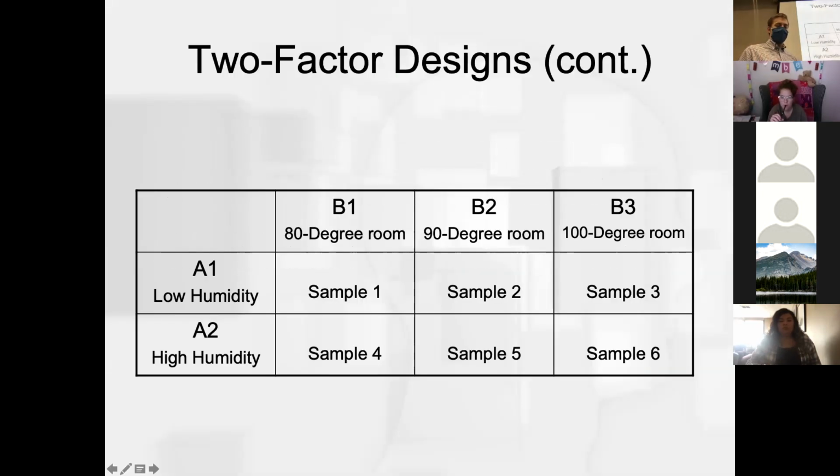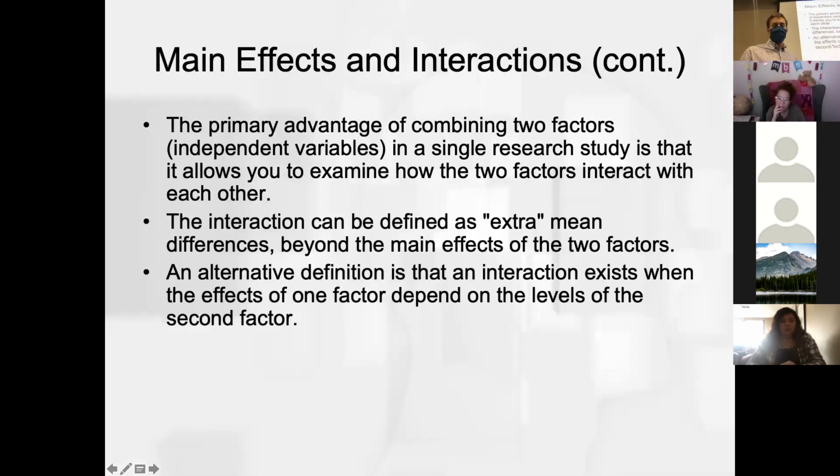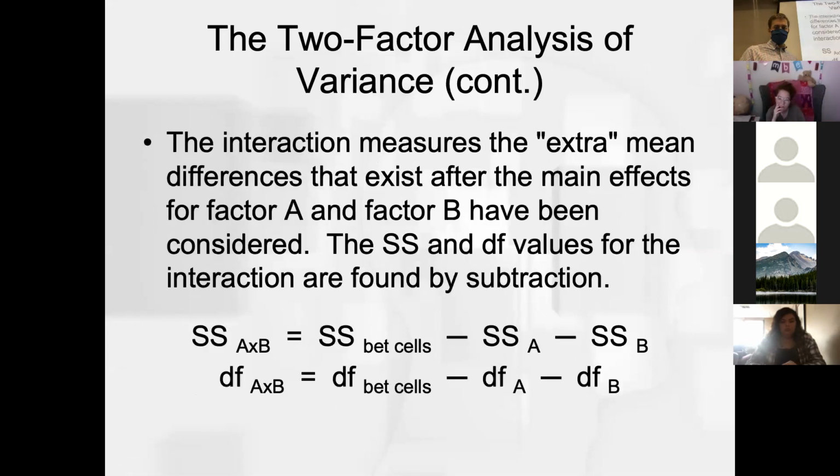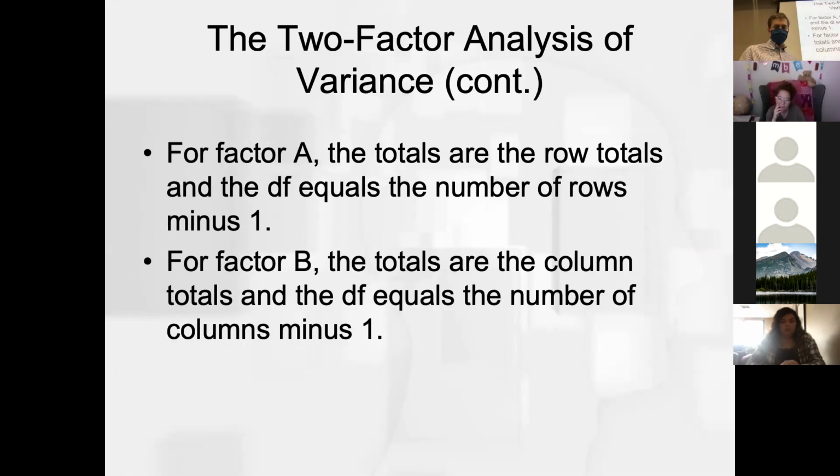So factor A is humidity, degrees of freedom for A is just 1, right? 2 rows minus 1 gives us 1. What would the degrees of freedom for factor B be? 2, exactly, yes. 3 different levels minus 1 is 2. Yes, good job, Amber.